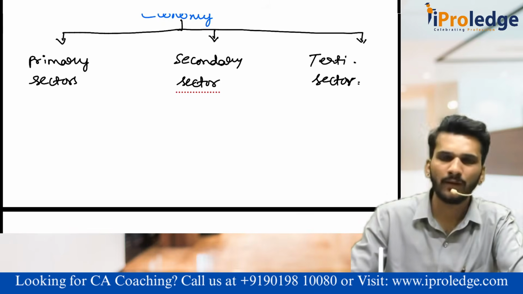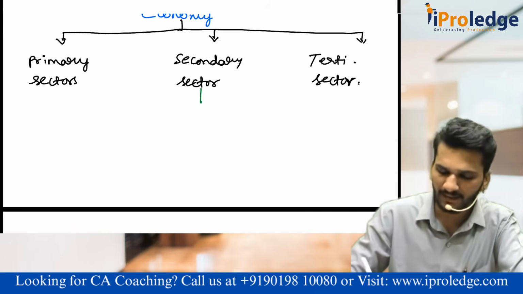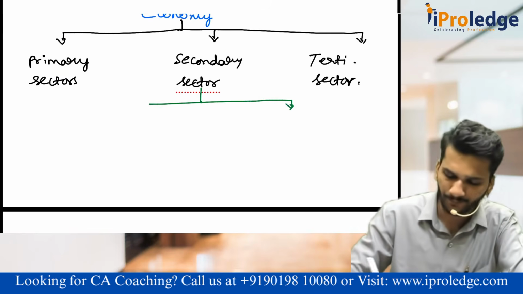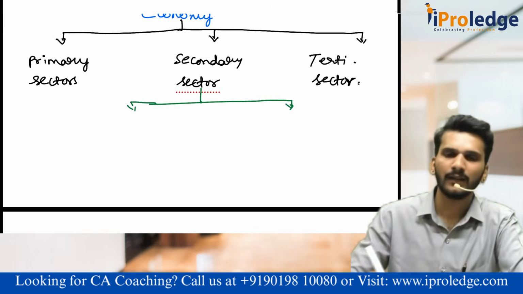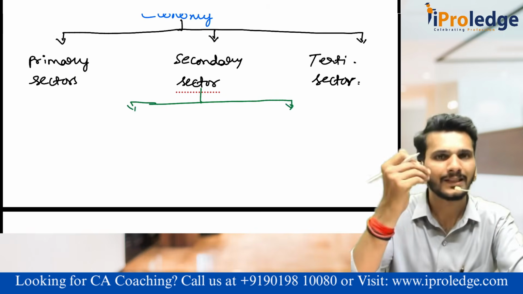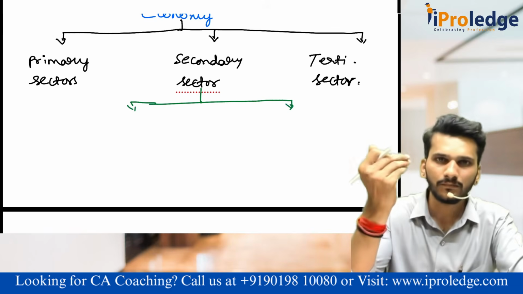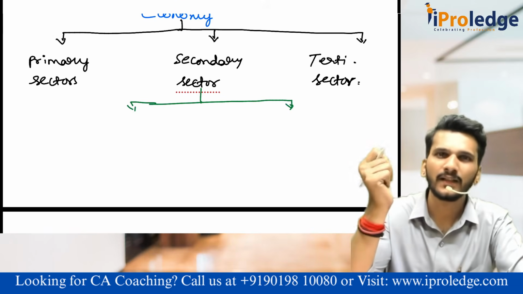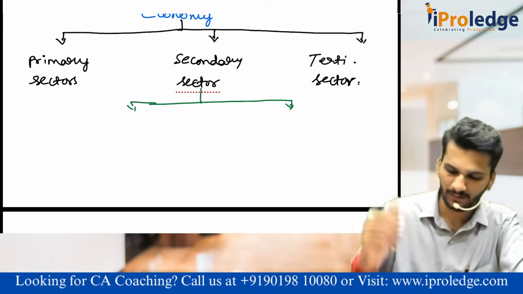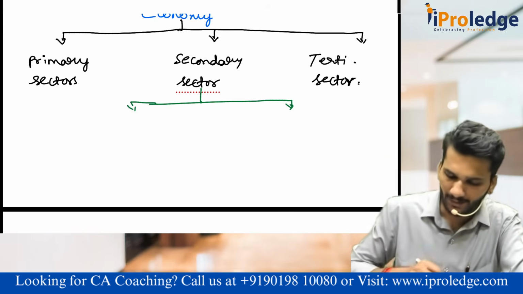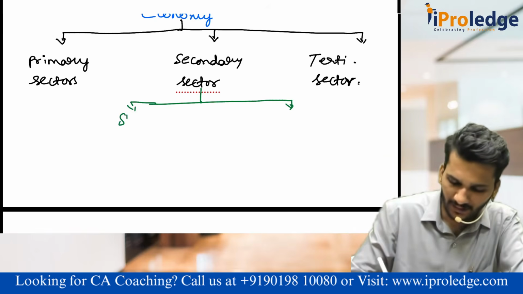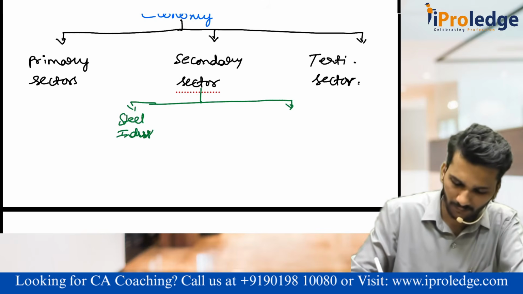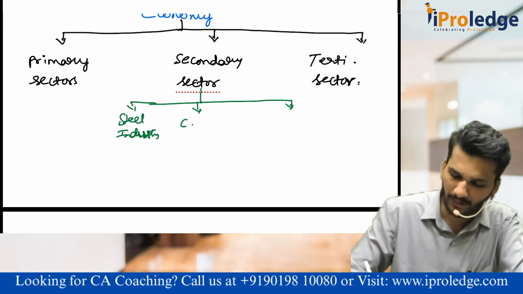Sir, what is subdivided into subsectors? If I take an example of secondary sector, there is steel sector, cement sector, subsector I'm talking about. Again, the construction, manufacturing, there are so many things. If I say again, I'll divide into steel industry, then again cement.